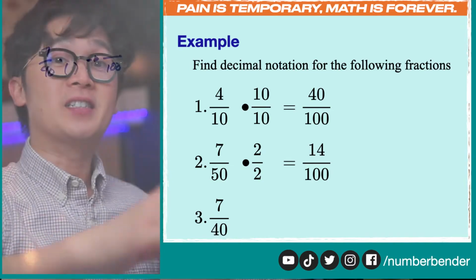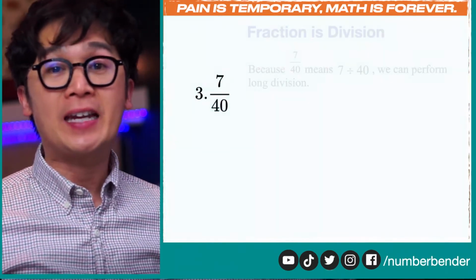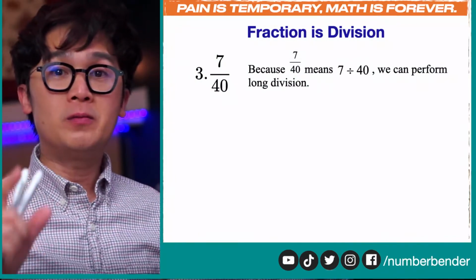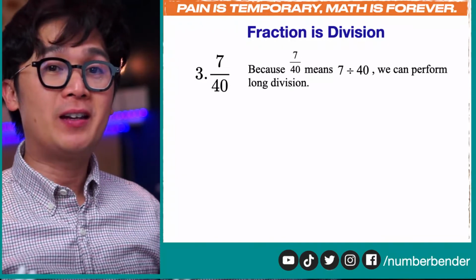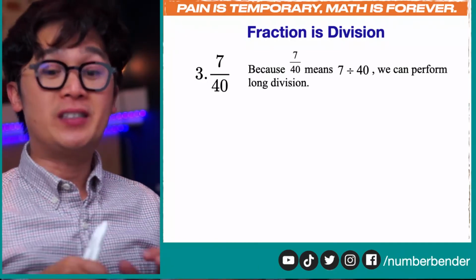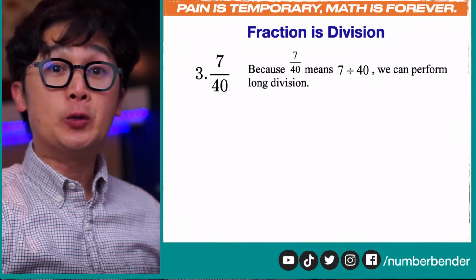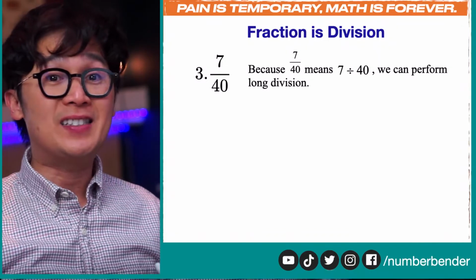Your guess is as good as mine, so let's use a different technique to convert 7 over 40 into its decimal form. We're going to be using long division to accomplish this task.